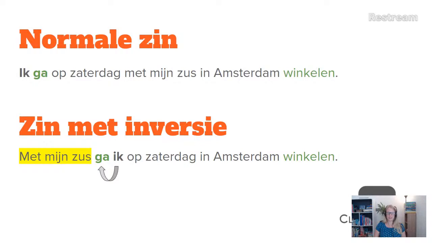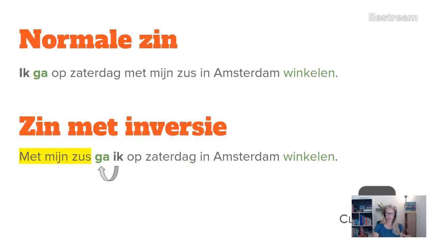So this is basically the logic of inversion. But I saw someone, Ranoda, making a question, and that's actually good to mention as well. So we've been talking until now about affirmative sentences.